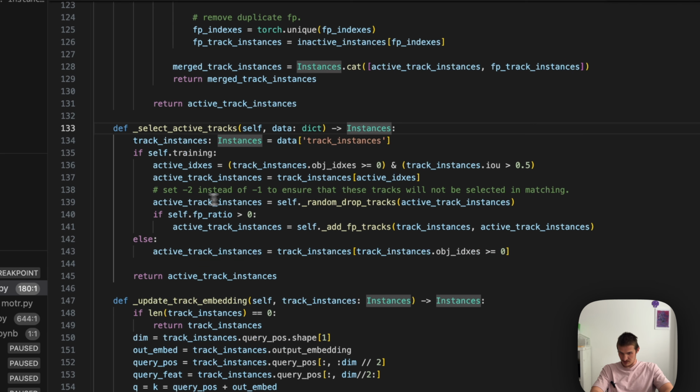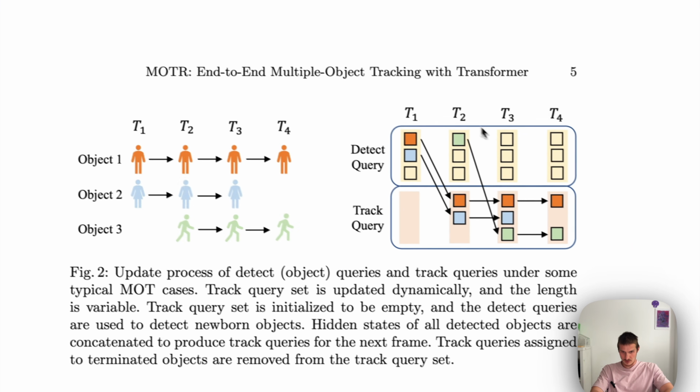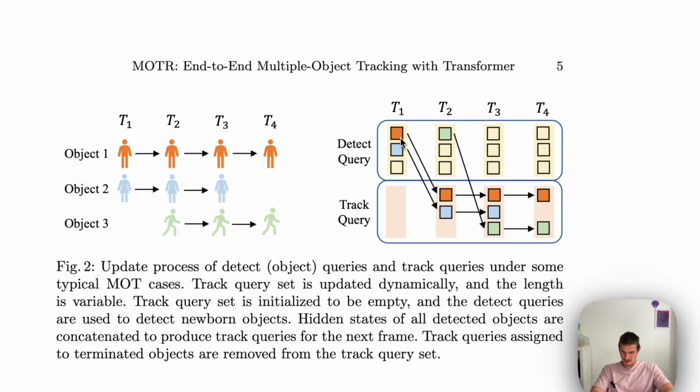And also we have these basically false negatives, false positives. So we have random drop tracks and add false positive tracks. We will not read into them in detail, but basically what they do is, well, again, in normal circumstances, we expect to detect 2 objects and then carry over those to the next frame.